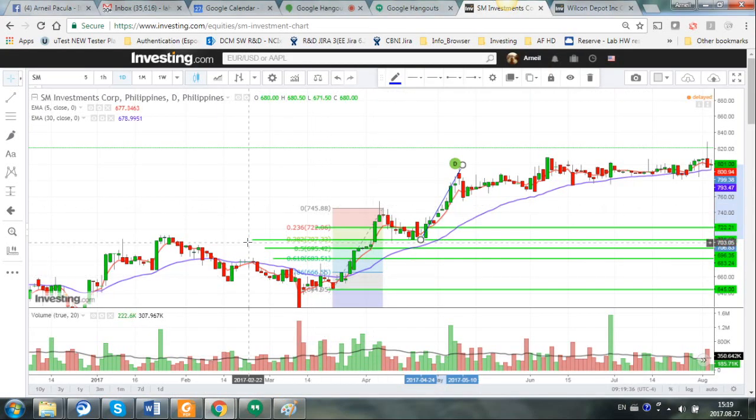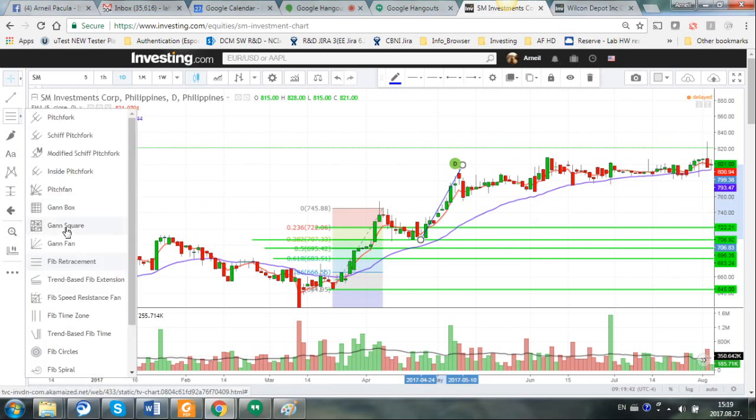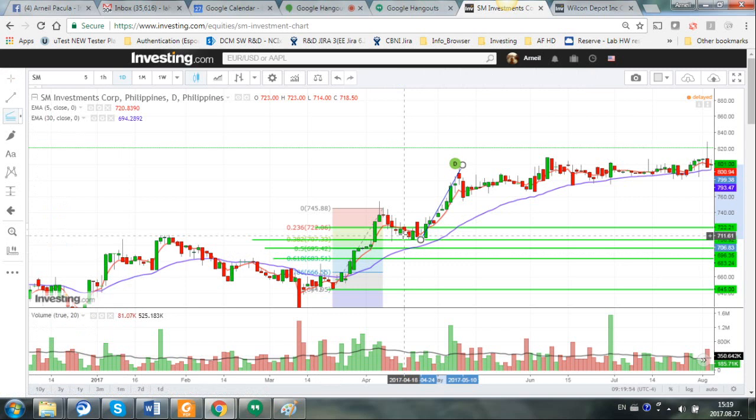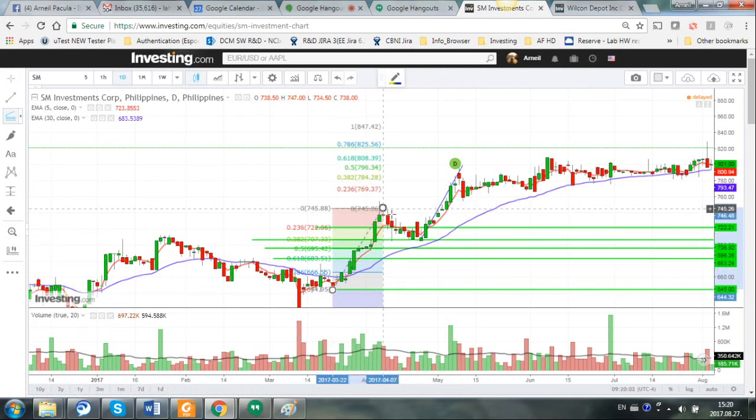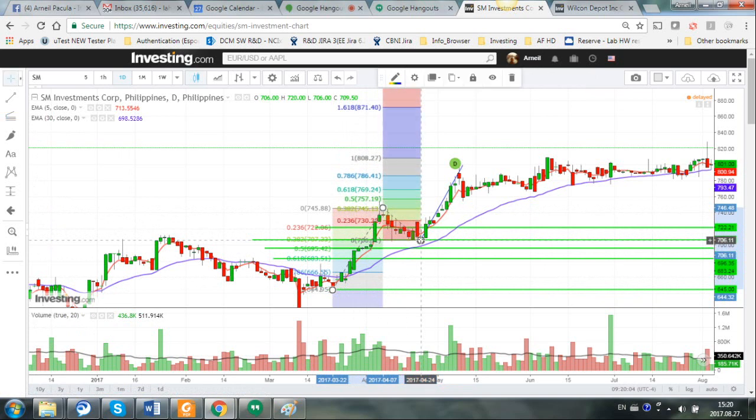So, ito, sample. So, ganito pa rin, same section. Click ka dyan. At nakita mo itong trend base Fib extension. Yan. That is Fibonacci extension. Okay, so using what we learned earlier, click ka at the lowest point, click at that point, at click at the third point.